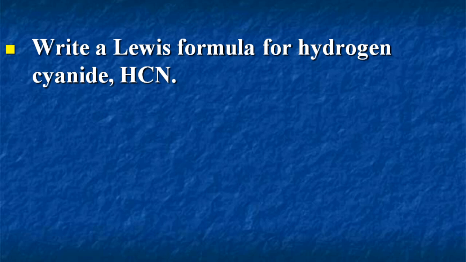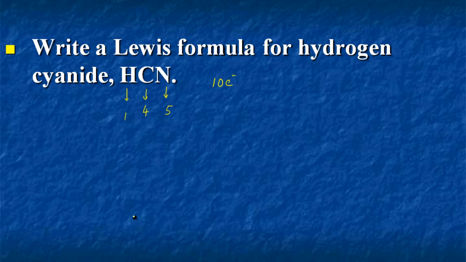Alright, hydrogen cyanide, HCN. Number of valence electrons: hydrogen 1, carbon 4, nitrogen 5. So the total is 10 electrons.